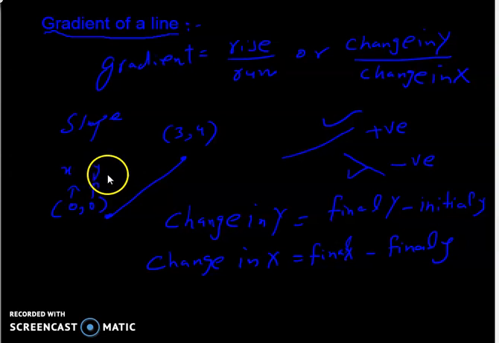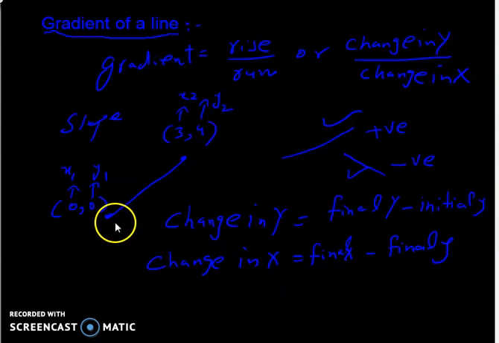So this is the x and this is the y coordinate. Here I can say this is the new x and this is the new y. I can name it: let's say this is x1, this is y1, and this is x2 and this is y2.